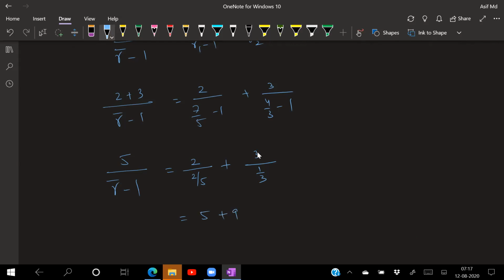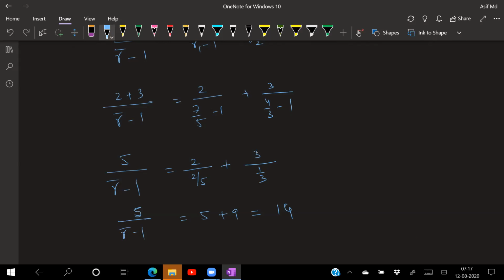Very good. So this will become 5 plus 9, which is 14. So this will be equal to your 14.